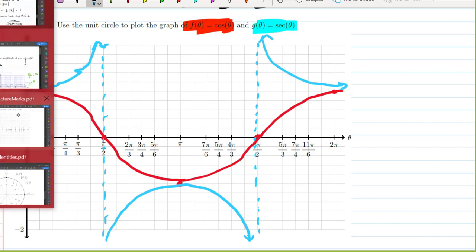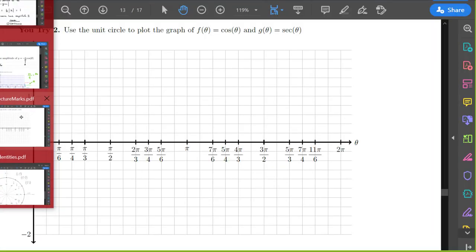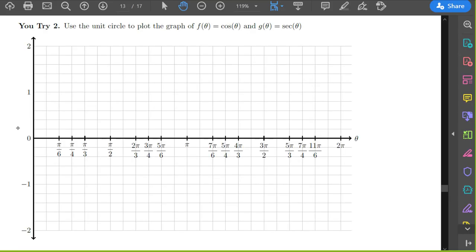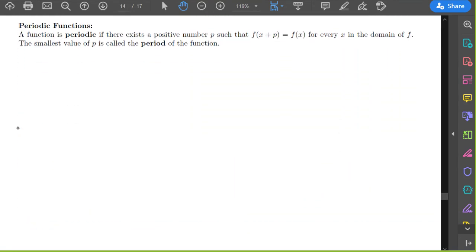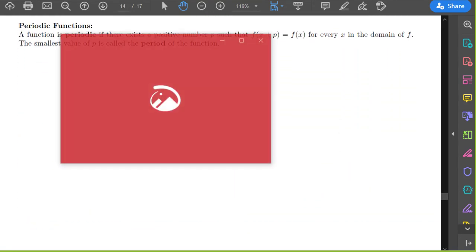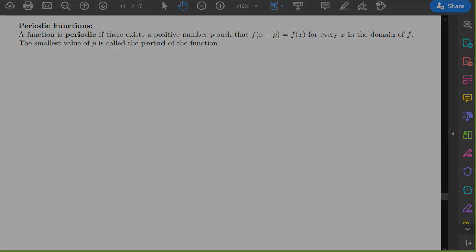Alright, so let's take a look at our next definition, which is we want to talk about periodic functions.